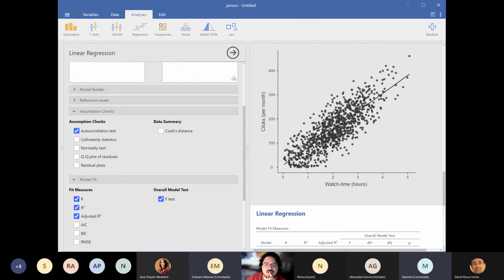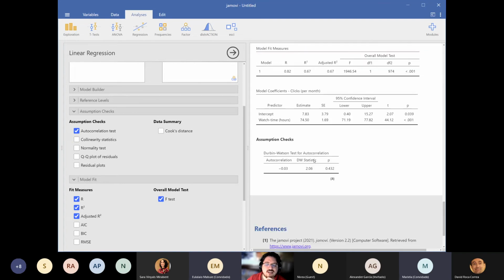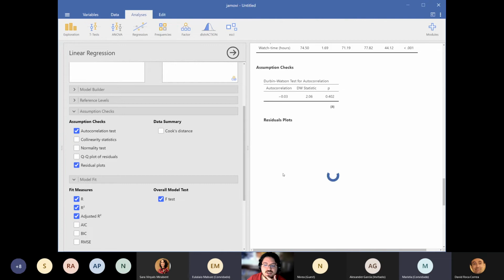We mentioned that we wanted to obtain a line that minimizes the distance from it to all of the points, a distance that is computed with a perpendicular line. When we do that, those distances are represented with something that we call residuals.